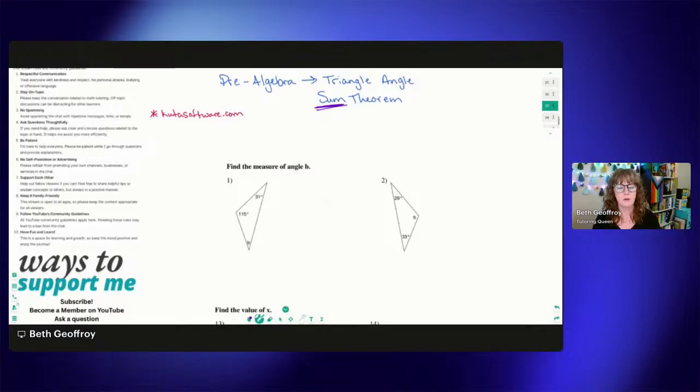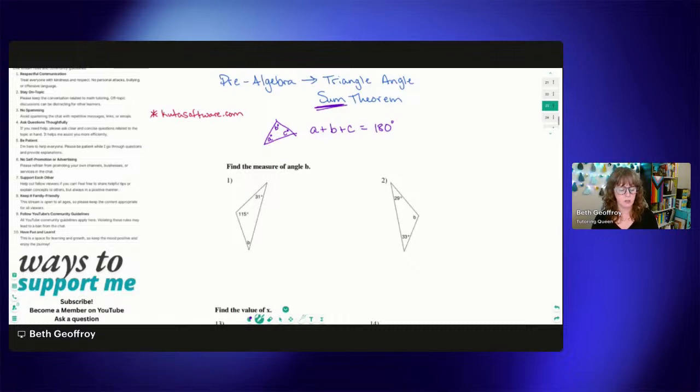And with triangles, all three interior angles will add up to 180 degrees. So if we have a triangle and each of the angles are A, B, and C degrees, if we add up A plus B plus C, that will equal 180 degrees. So that's what we're going to do with these missing angles.